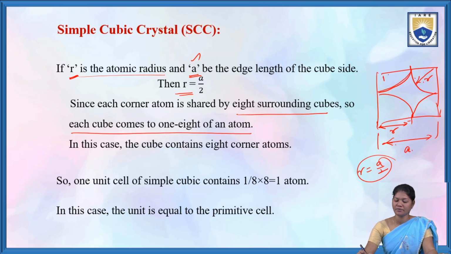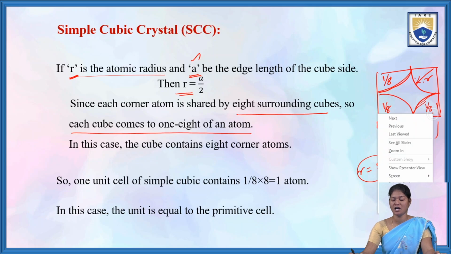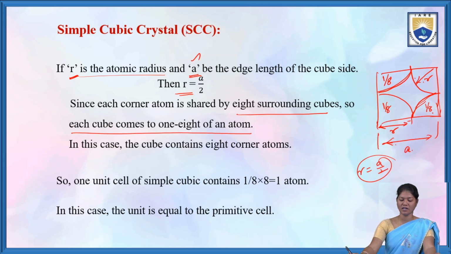So, each corner atom has 1/8 of an atom. Here also 1/8 of an atom. If we take one unit cell, one atom is shared among the 8 surrounding cubes, so each corner has a share of 1/8 of an atom.